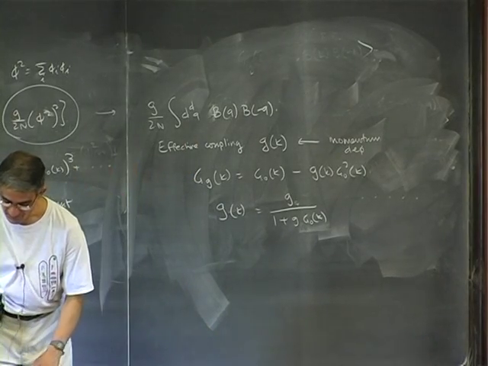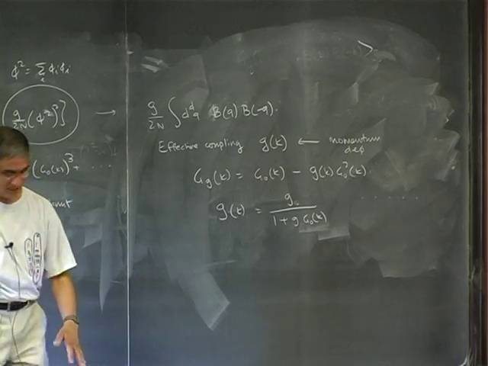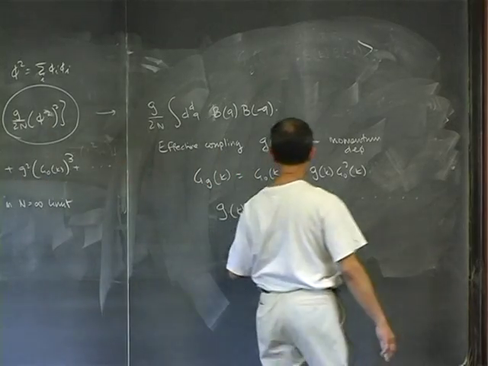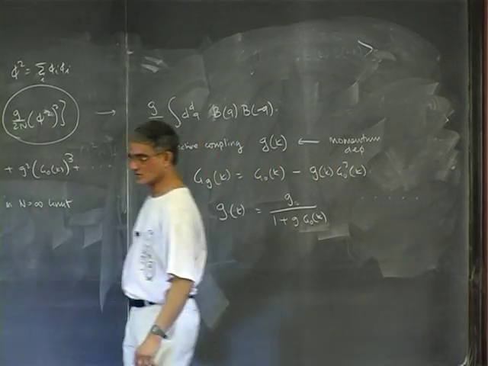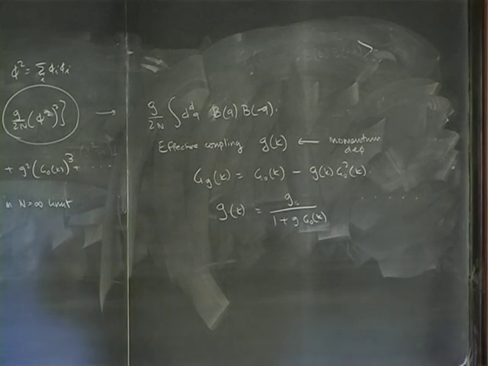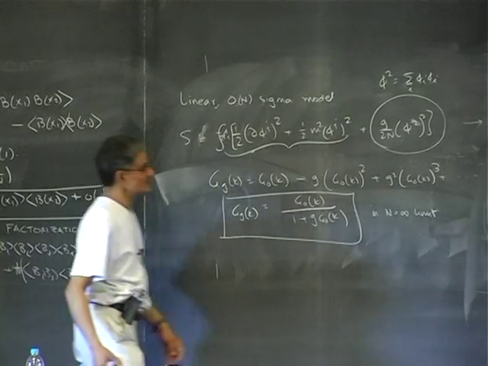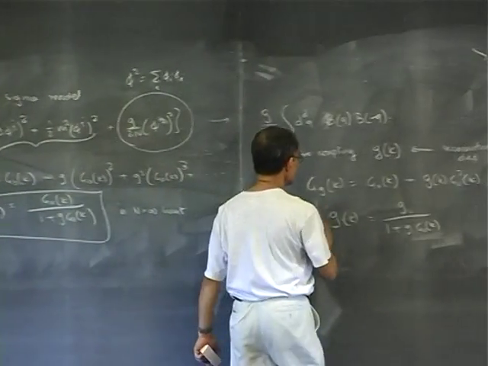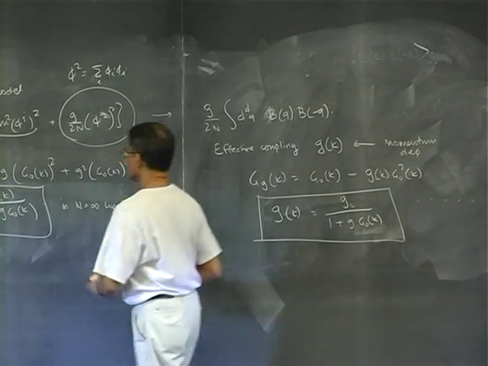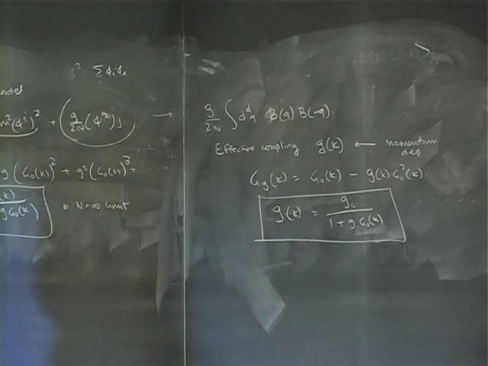Okay. I know I didn't quite explain this very well, but privately I can try to explain how that follows. Okay. This formula is very telling because of the following reason.